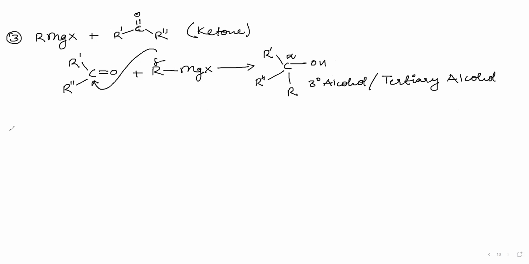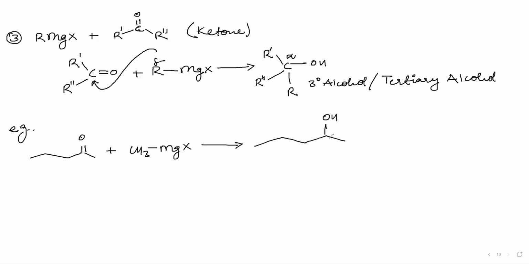Okay. So for example, you can take anything. Let us take double bond O and here, plus let us take CH3MgX, and the product that I will be getting is OH, and here I will be getting CH3.